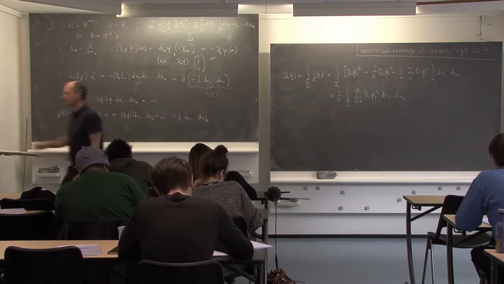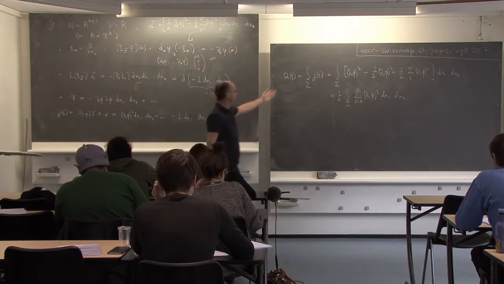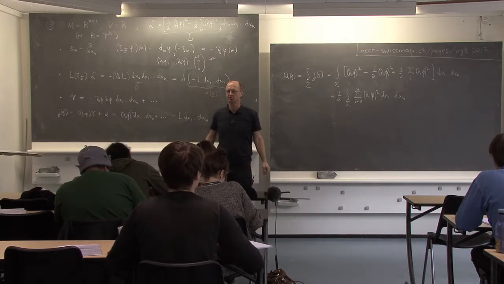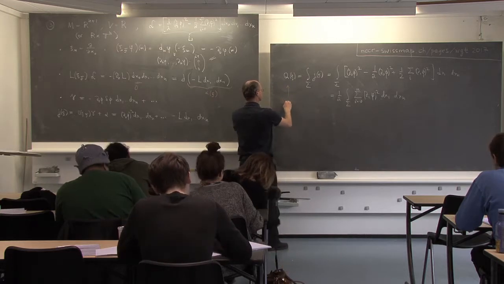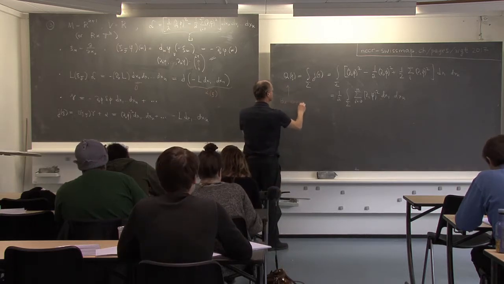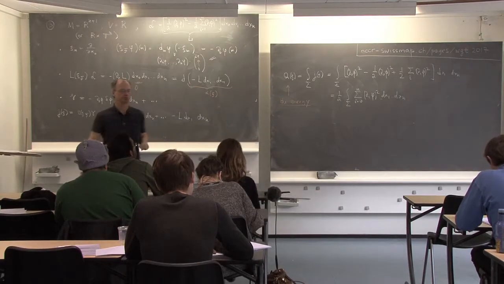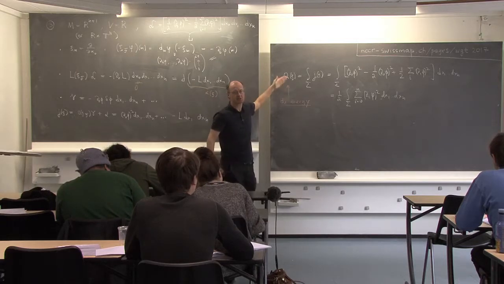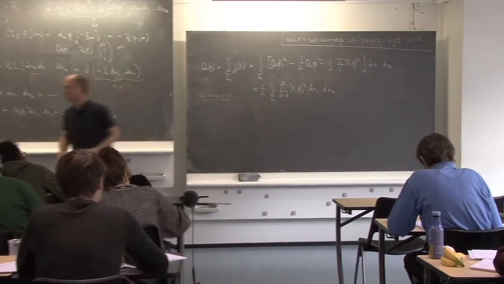This conserved charge you probably heard of a lot, starting from your physics course in high school. This is called the energy of the system. But for us, you see, it has the same standing as all the other charges, right?